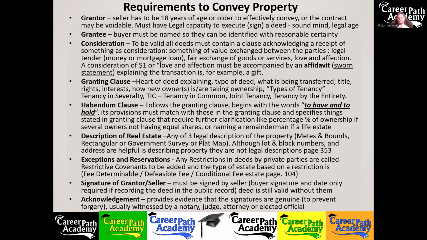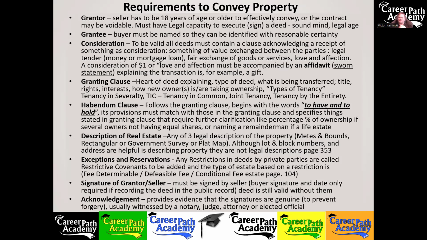Metes and bounds, rectangular or government survey, or a reference to a plat map. Any exceptions or reservations that you want added into the deed that say that the property cannot be used for a specific purpose, or whatever the restriction is. Any restrictions placed in deeds by private parties are called restrictive covenants.